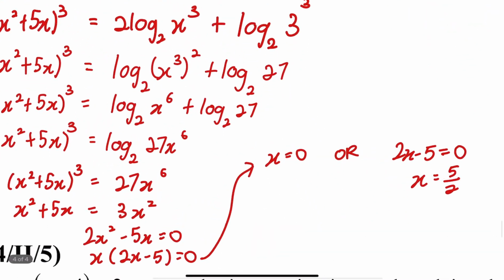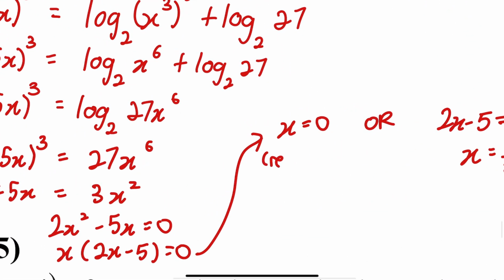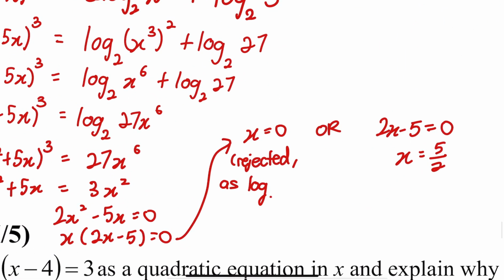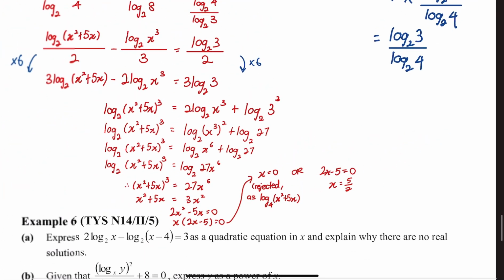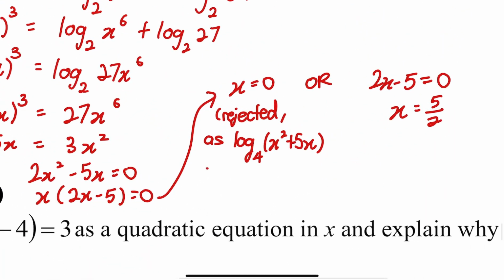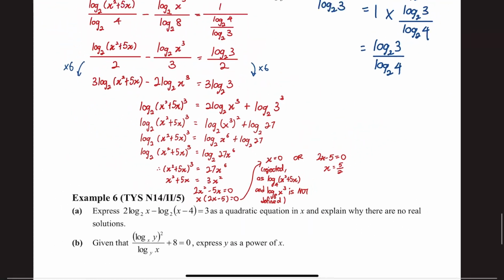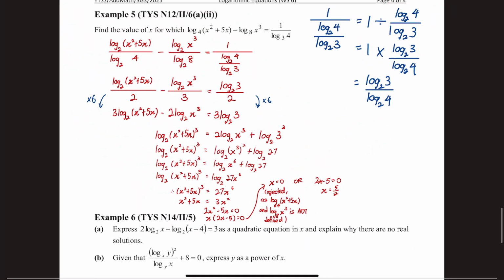So over here, I have to reject x equals 0, as we check the original question, log base 4 x squared plus 5x and log base 8 x power 3 is not defined when x is equal to 0. Okay, and this is for example 5.